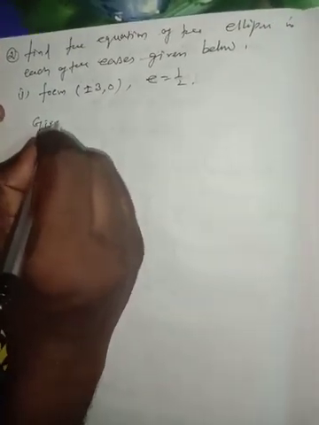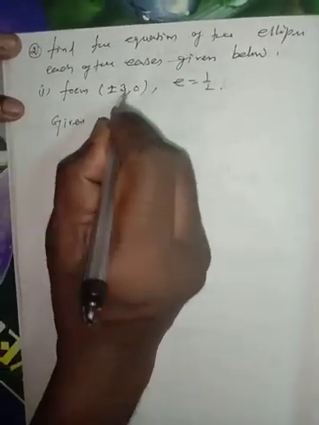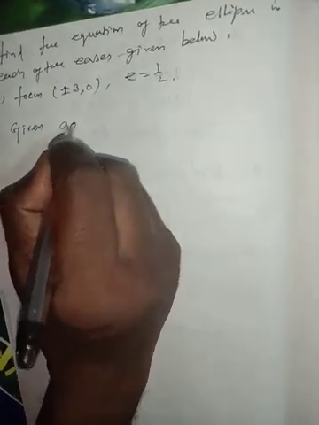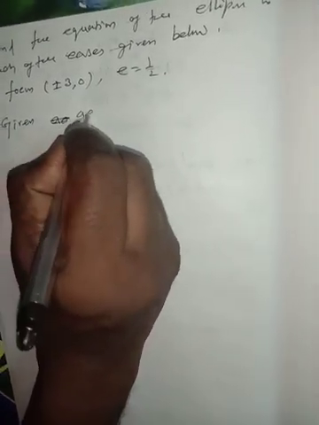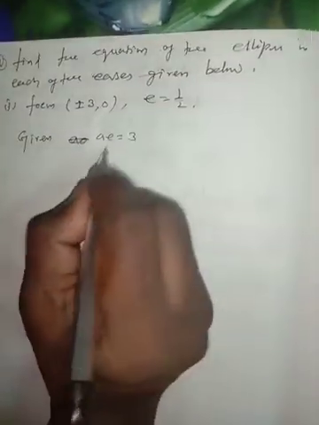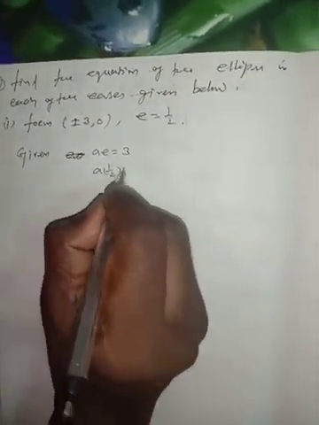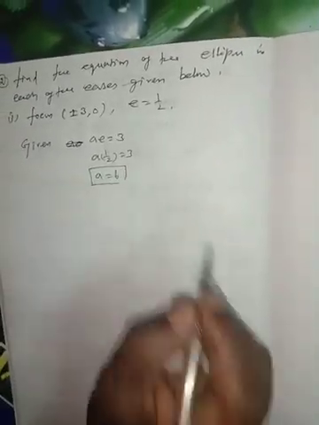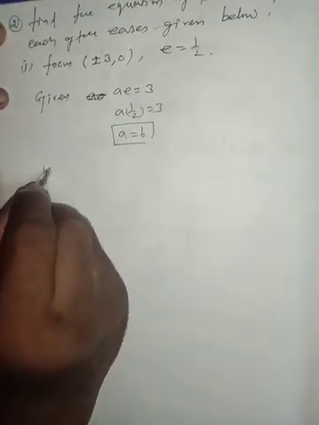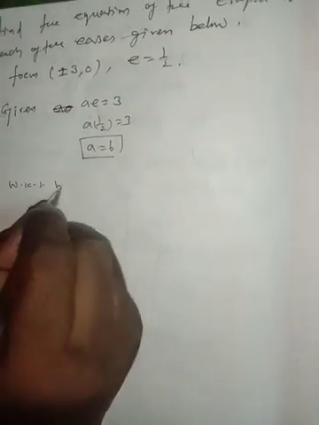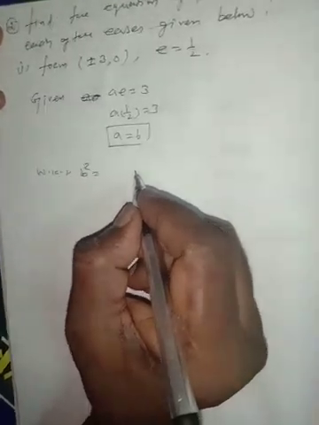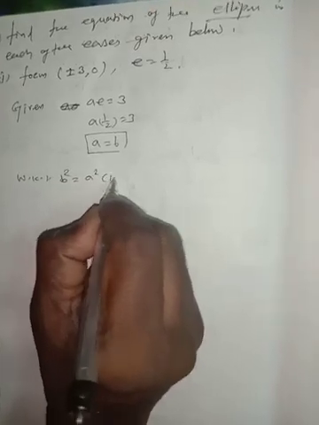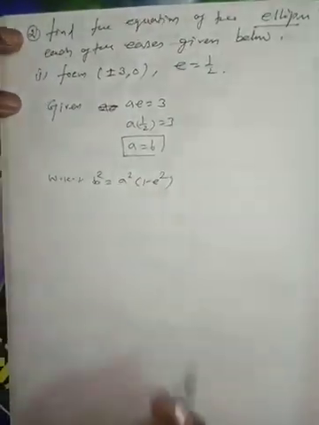Now given, ae is equal to 3, so we take positive. But e is 1/2. A into 1/2 is equal to 3, a is equal to 6. Next we know that in an ellipse, b square is equal to a square into 1 minus e square.